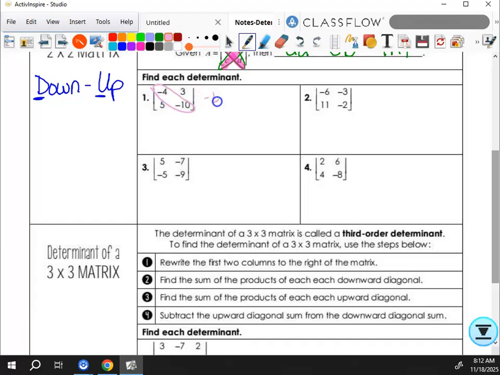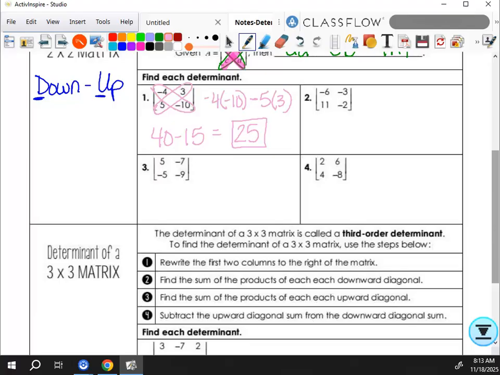It's going to give me -4 times -10 minus the up diagonal, which is 5 times 3. So that's going to give me a +40 minus 15, and that's 25. So your determinant is 25.